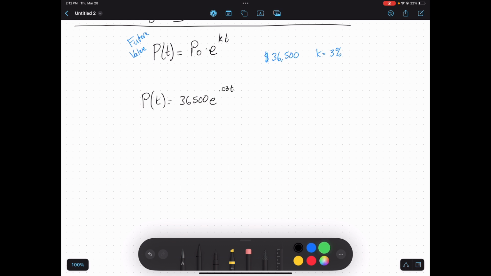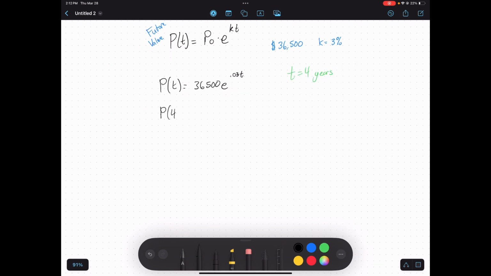And let's say I wanted to invest it for 4 years. Well, all that means is I'm going to plug in 4 for t. And when I crank that out in my calculator, I get $41,153.64. So that's how much I'm going to have in my account after 4 years if I invest this much at 3% interest.